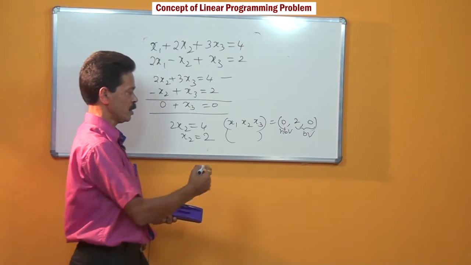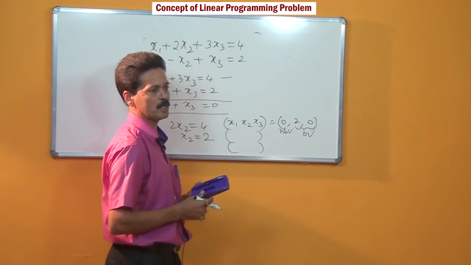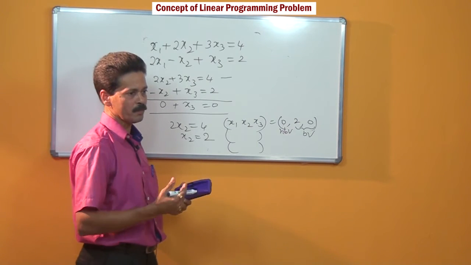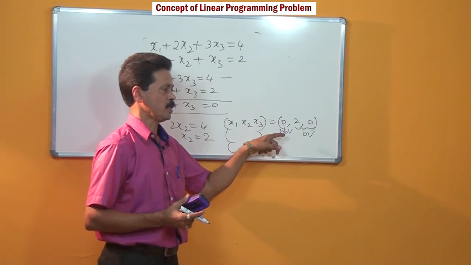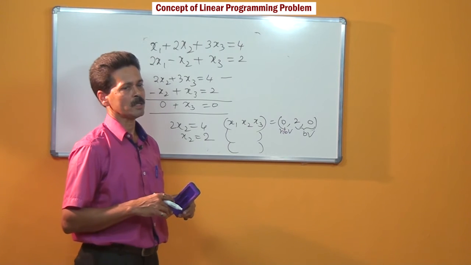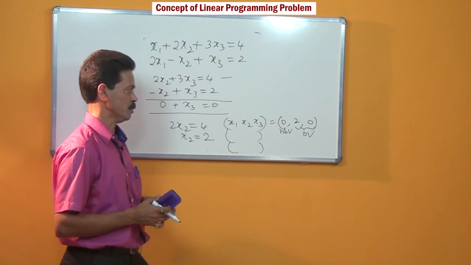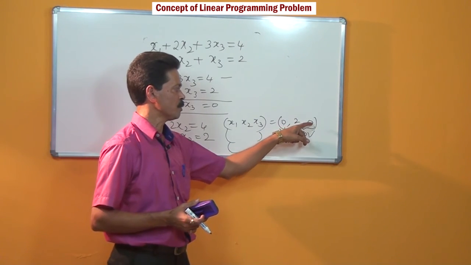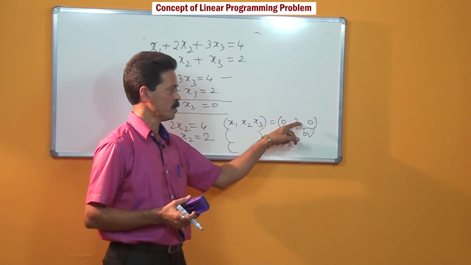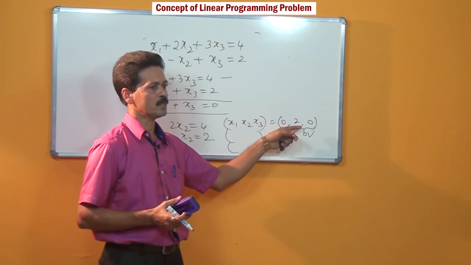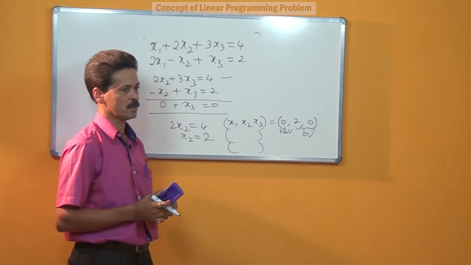Similarly, with x3 equal to 0, you will get one more set of basic solution, and you can verify whether it is a basic feasible solution or not. If one of the basic variables is exactly equal to 0, then it is called a degenerate basic feasible solution.